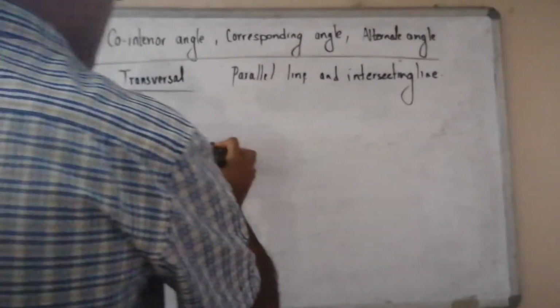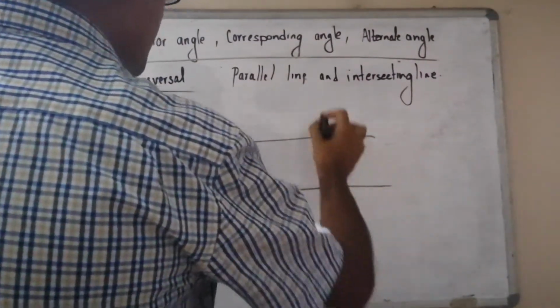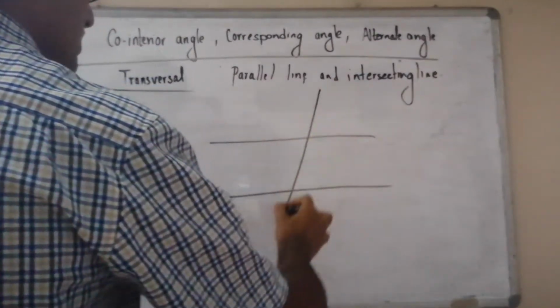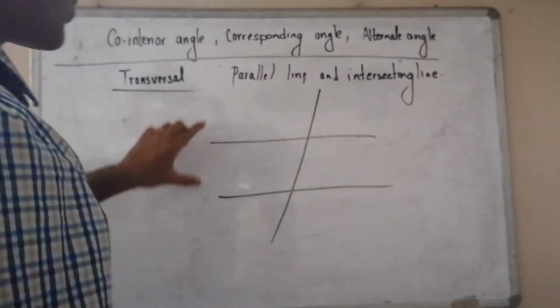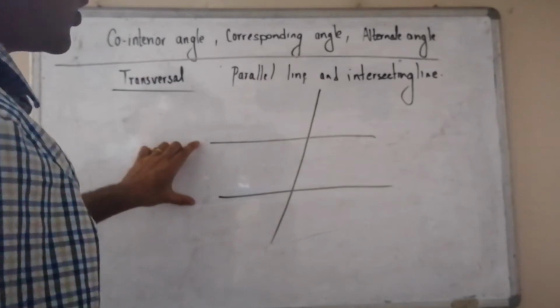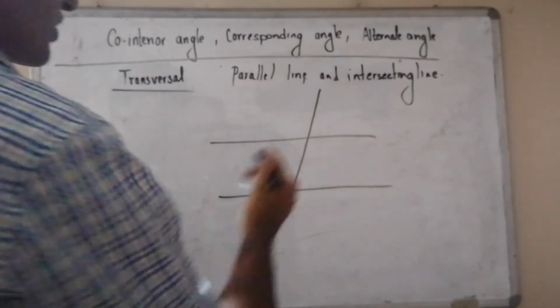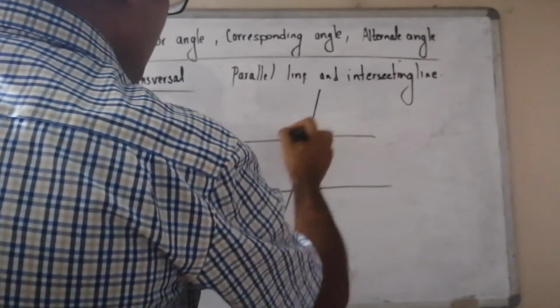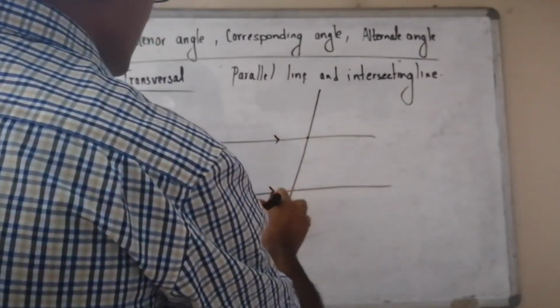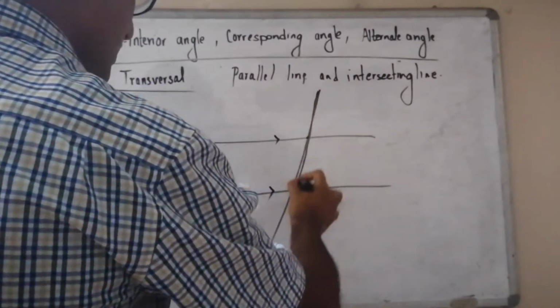And transversal. A transversal is a line which passes through two lines and intersects them at 2 points. This is a transversal. If these are parallel lines here, then this line is a transversal.